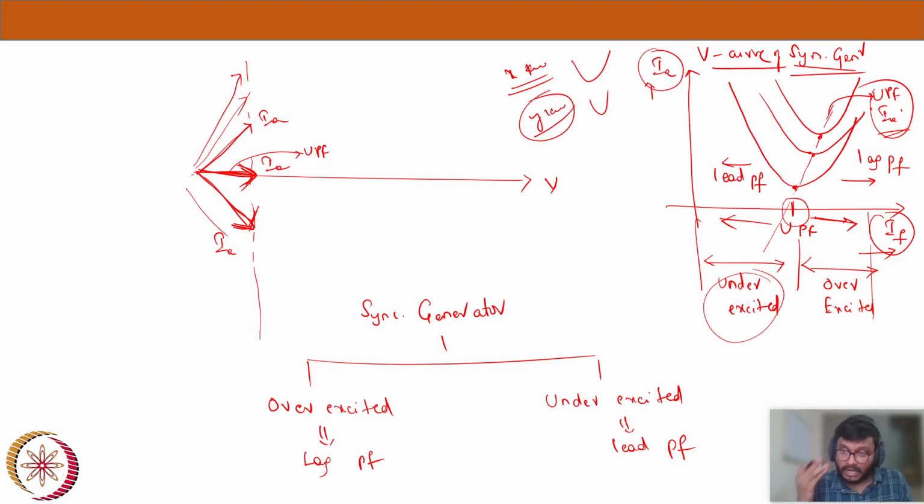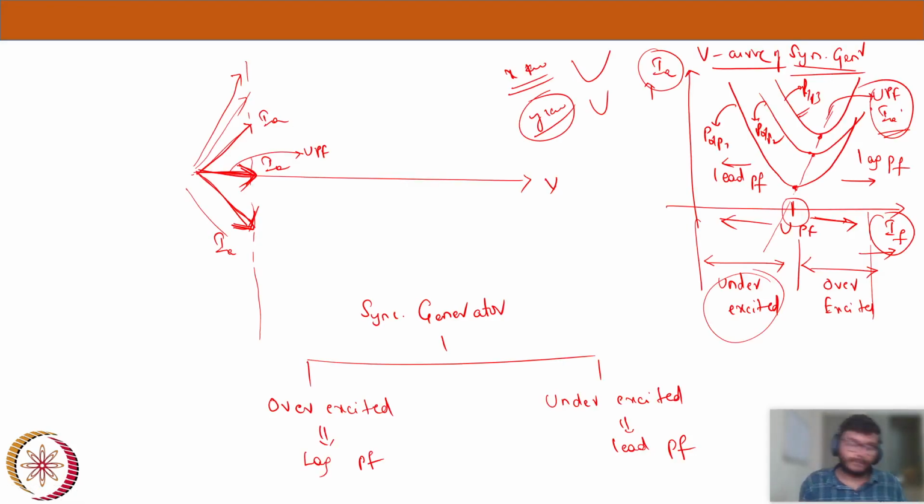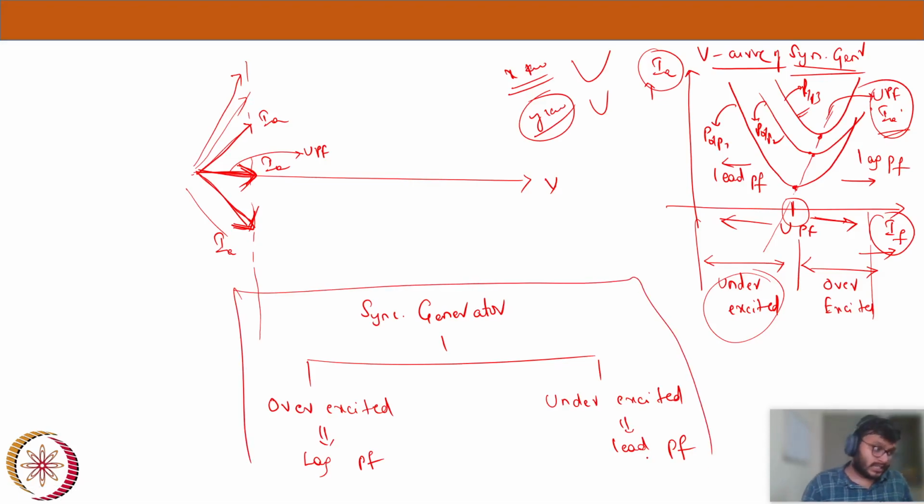They will find the current at which the motor will almost run at the unity power factor, and they actually try to run their motor at this current. So this locus actually tells that. So this one would be at power output 1, and this will be power output 2, maybe this is power output 3, like this, different power outputs, different V curves. So this is the conclusion of our synchronous generator.